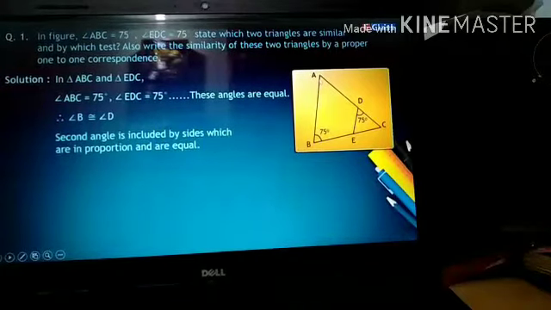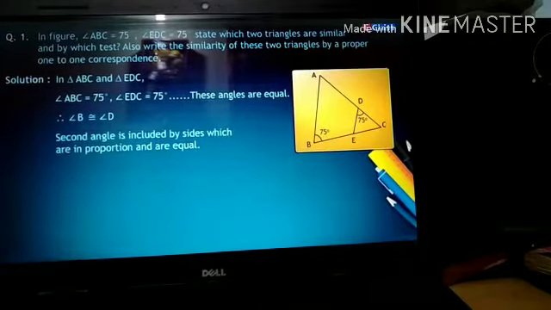In the same way, in the bigger triangle ACB, we have angle ACB which is lying between the corresponding sides AC and BC. So we can say angle C is a common angle between triangle ABC and triangle EDC. So this is a second angle which is congruent.